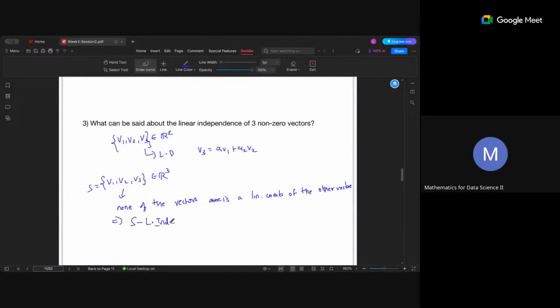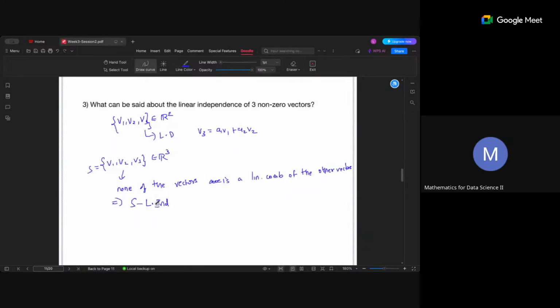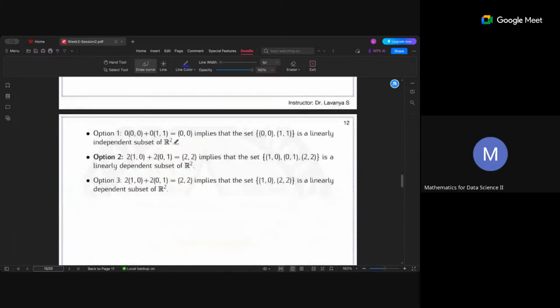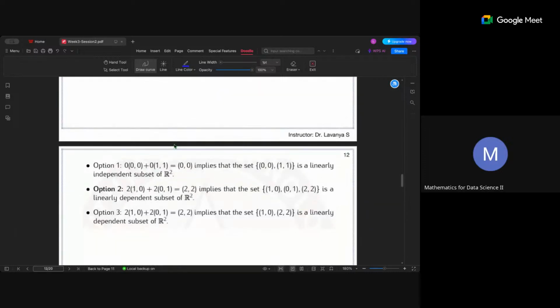Okay, clear? This is the condition when you have three vectors. This is in fact for Rn, for any n.